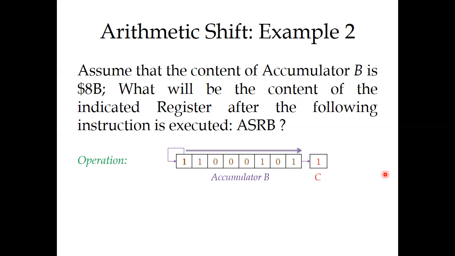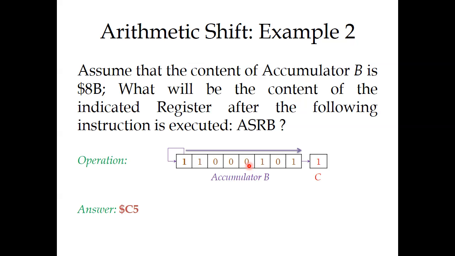Now after we are done with this operation, what is the content of accumulator B? If you look at the content, this is 1 1 0 0. What is this? C, right? And then what do we have here? 0 1 0 1. This is 5, right? So the new content of accumulator B is C5.